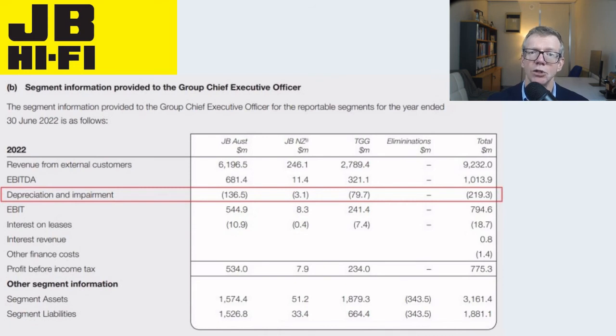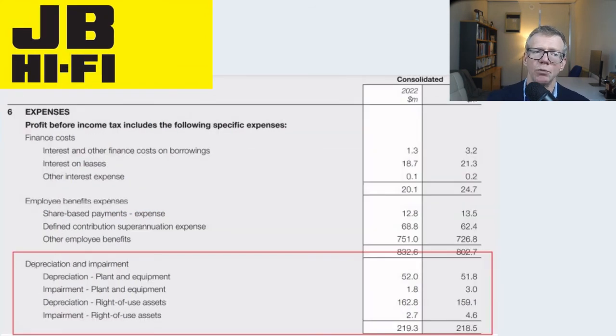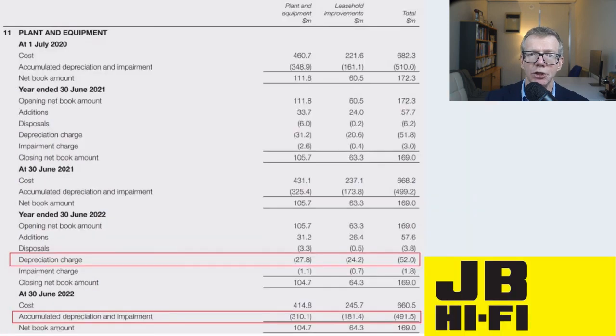So we can see the segment depreciation and impairment. We can next see it in the expenses note, where again we're told about depreciation and impairment for various asset classes. And finally, we can see it in the plant and equipment account, where we can see the annual depreciation and the accumulated depreciation for each of the asset classes that are being depreciated.